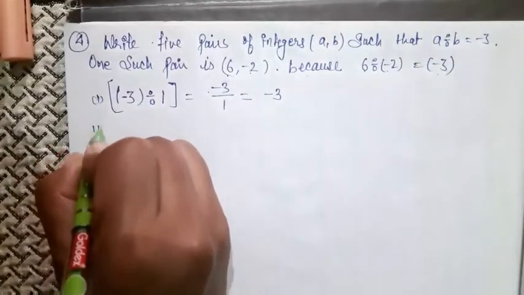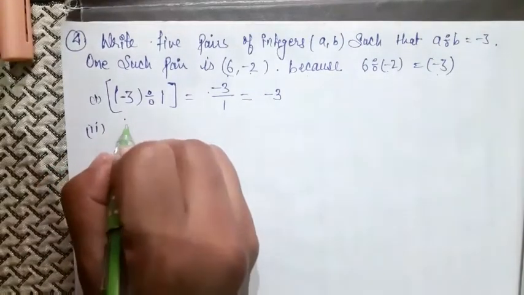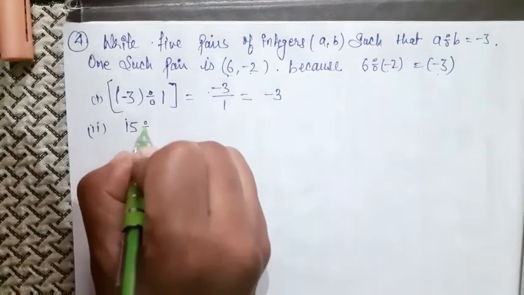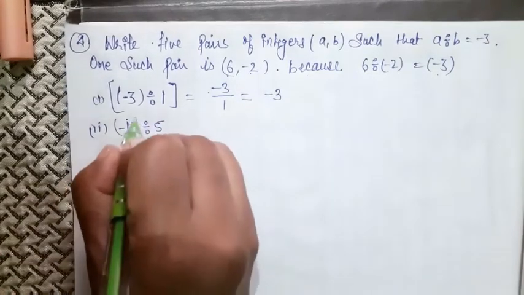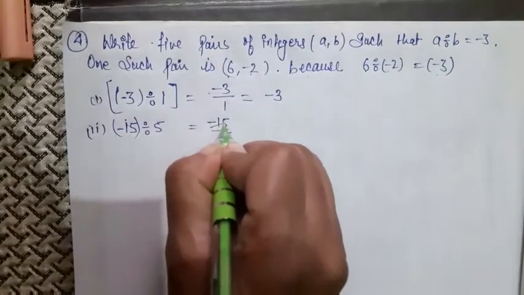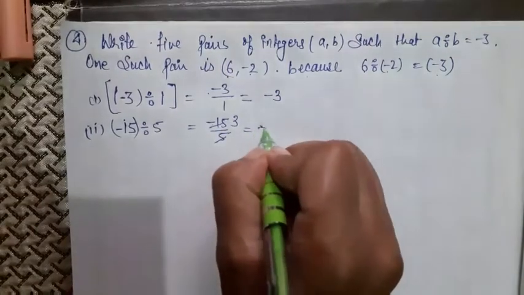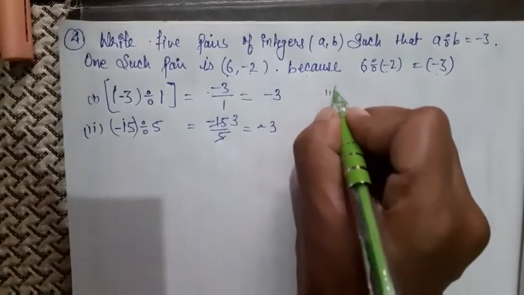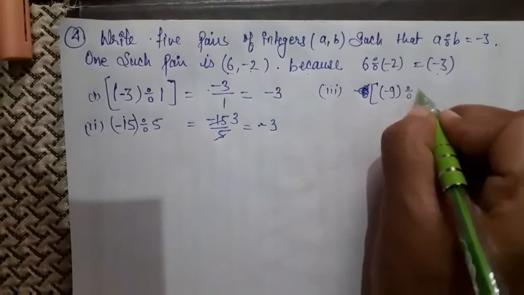Second is, when we divide 15 by 5, here we take -15. So -15 divided by 5, 5 threes are 15 and the sign is minus here. So the answer is -3.